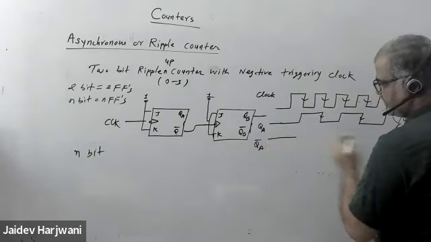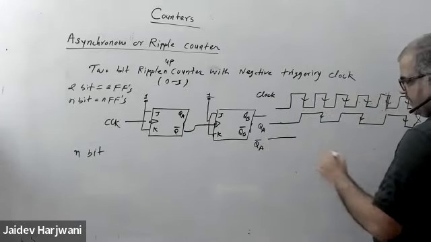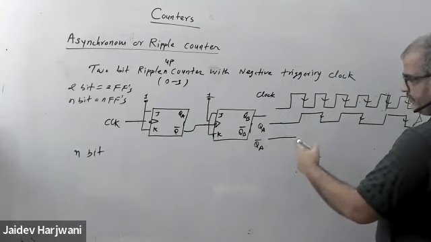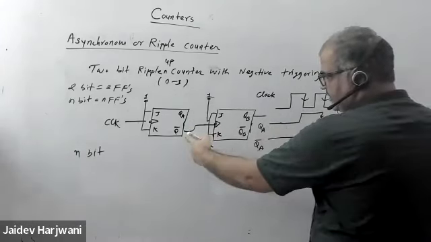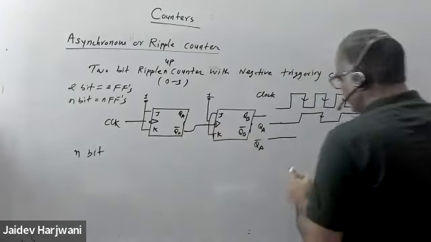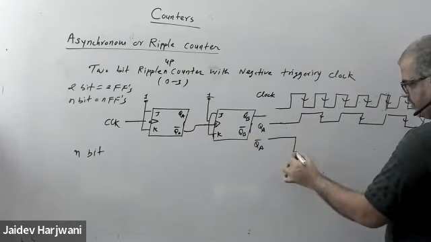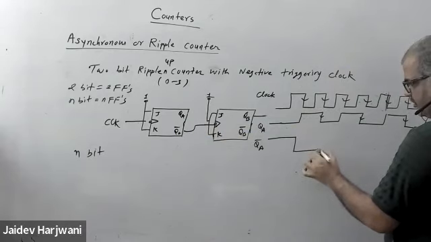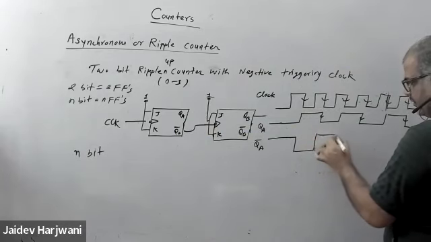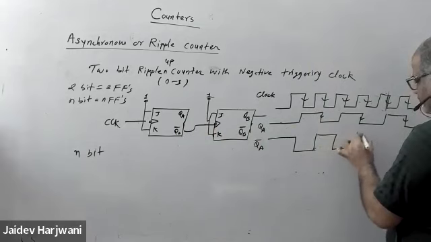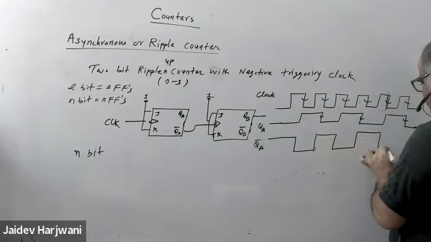And then what will become when it goes up? We only need QA and QB, we don't need QA bar, but I'm telling this for that. When this goes to 1, this goes down. When this goes to 0, this goes up. So this is just the opposite of this one.